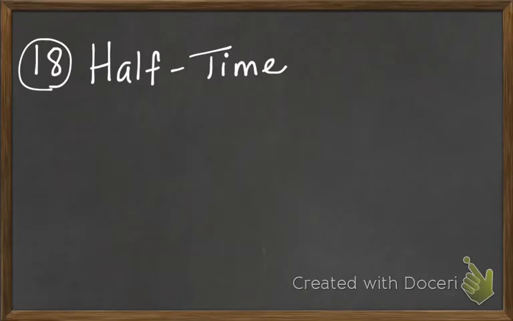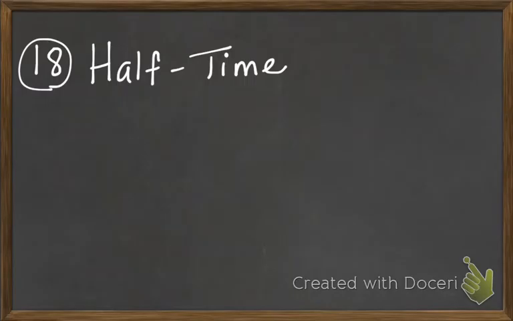So, when an element is extremely strong, it has what we call a half-life. It just means it's so powerful, it has so much energy that it takes a long time for that element to decay or go completely away. And we have to be real careful of our environment.